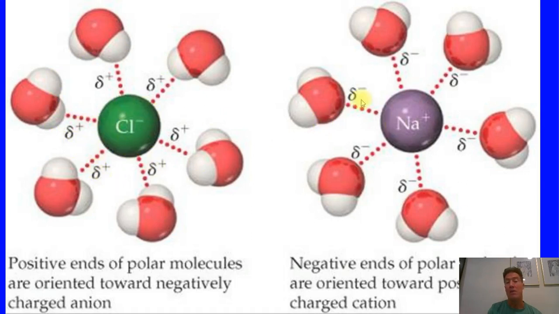And here, the negative side, the oxygen of the water molecule, is going to orient itself around this sodium. And so you're going to see there's the sum total of this attraction of these partial negatives to this positive charge and these partial positives to this negative charge, overall a very strong attraction. So that's why this ion-dipole interaction is stronger than just dipole-dipole.